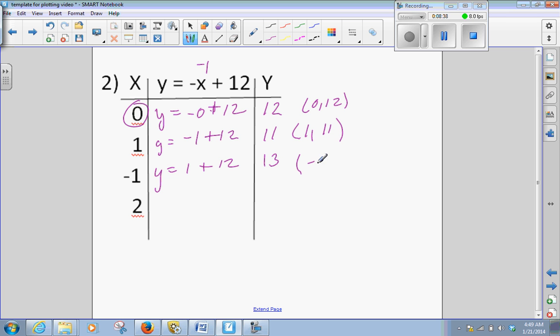So another solution is (-1, 13). Finally, y equals negative 2 plus 12. Negative 2 plus 12 is 10. So the final solution is (2, 10). If x is 2, y has to be equal to 10.